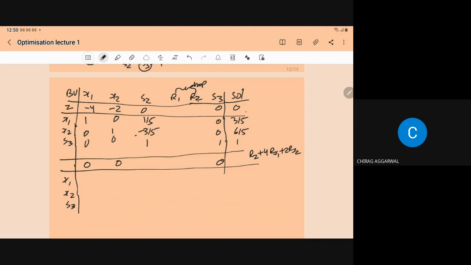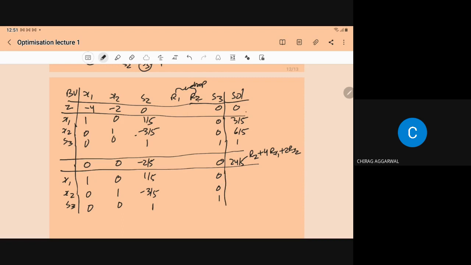Then it will be 4 into 1 by 5, minus 3 by 5, so 1 by 5, and this is 0, and it will become 12 by 5 plus 6 by 5, that is 18 by 5, and here the entries will be 1 0 0, 0 1 0, 0 0 1, and here we have 1 by 5, minus 3 by 5, 1.